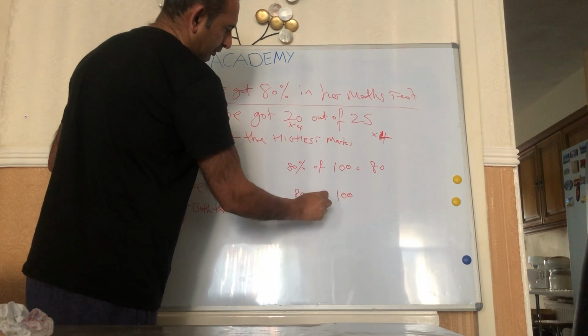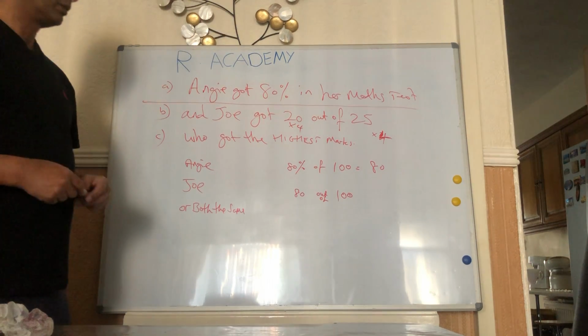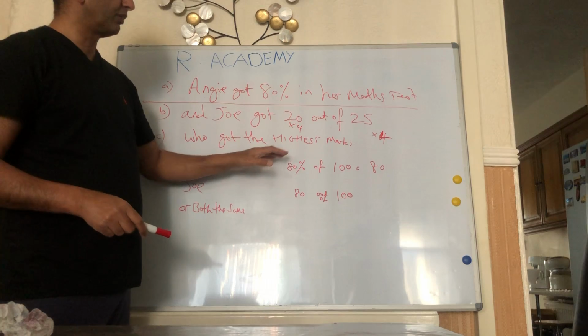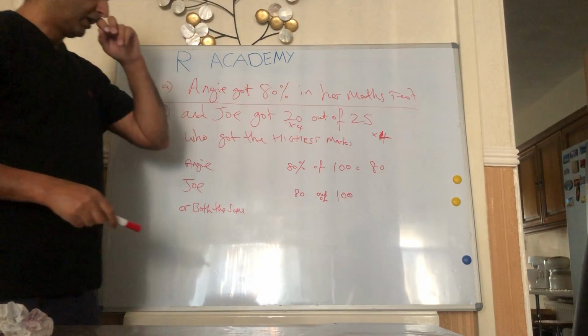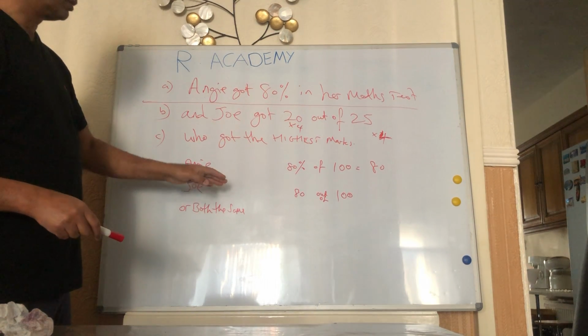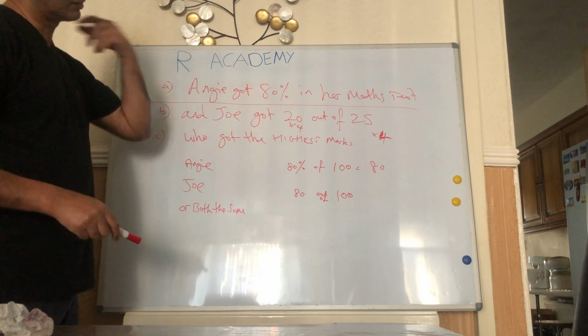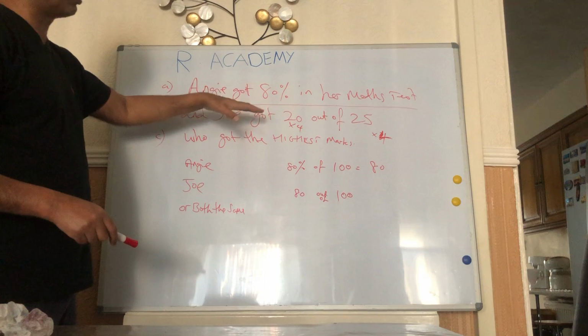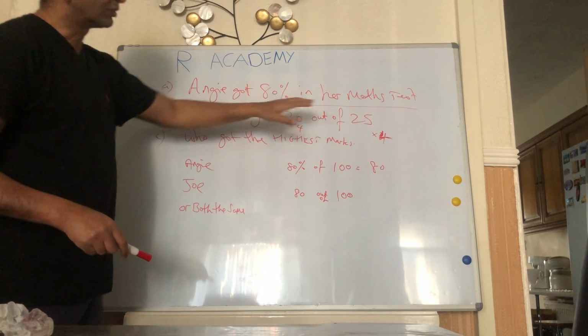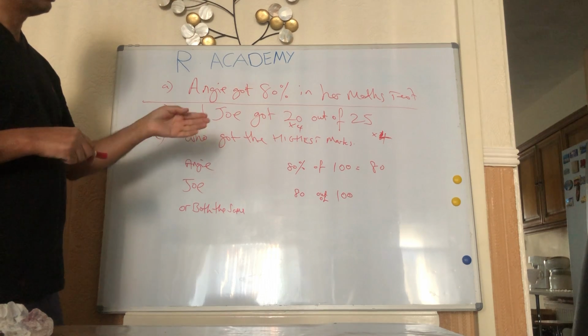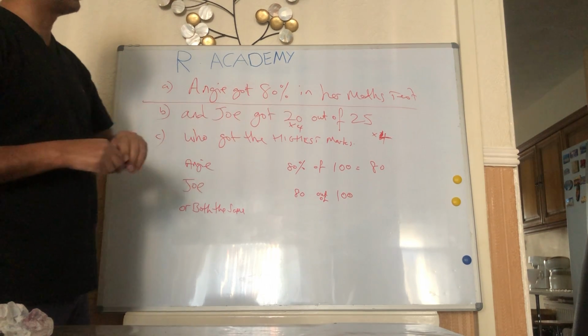80 out of 100. So in relation to a percentage, if 80% of 100 is 80, we obviously need to bump these figures up because 20 out of 25 is not going to work. So we need to find out what it is out of 100. That means they would have had to do 4 times the amount of questions.